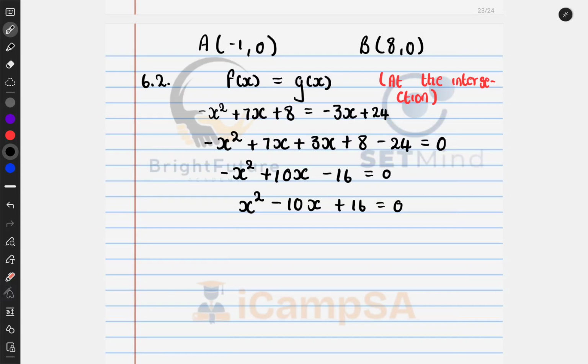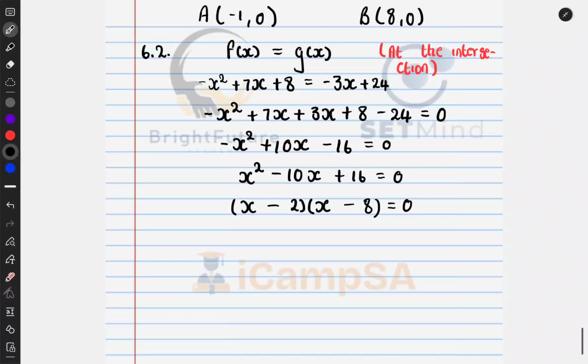Now let's see if we're able to solve this by factorizing. So we have to open two brackets, and we will have x and x, and then what are the factors of 16 that can give us 10? Let's see. We have 8 and 2, and they have to be both negative.